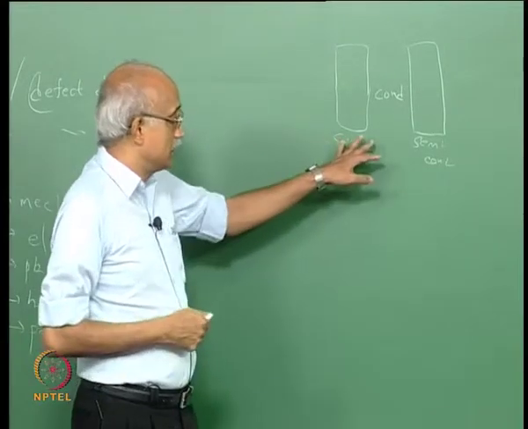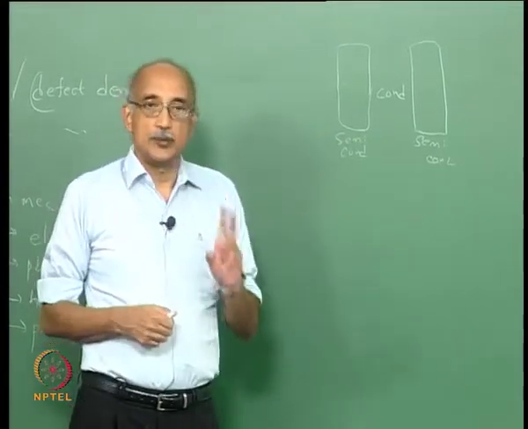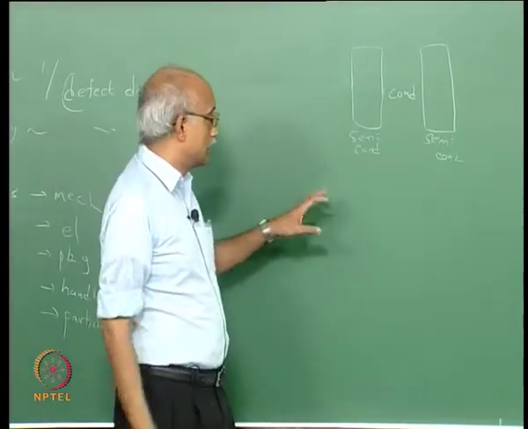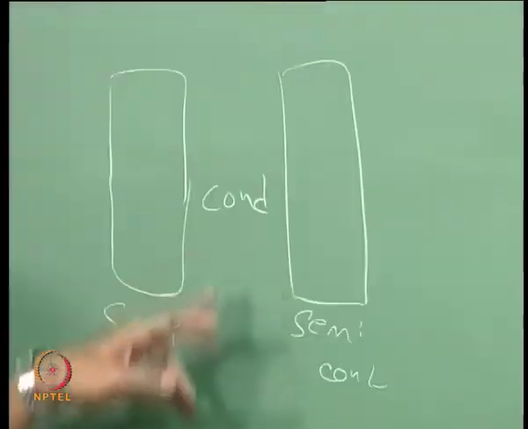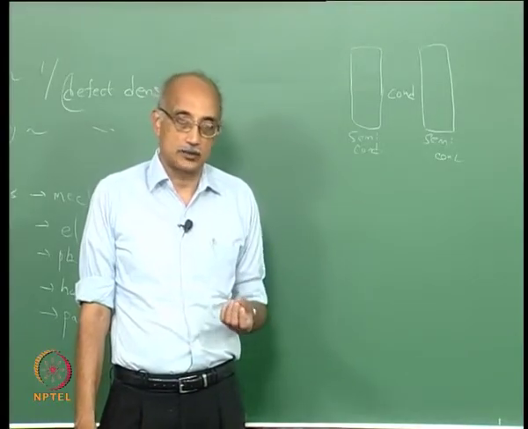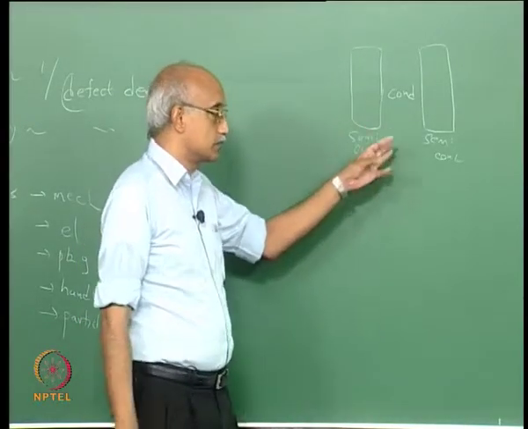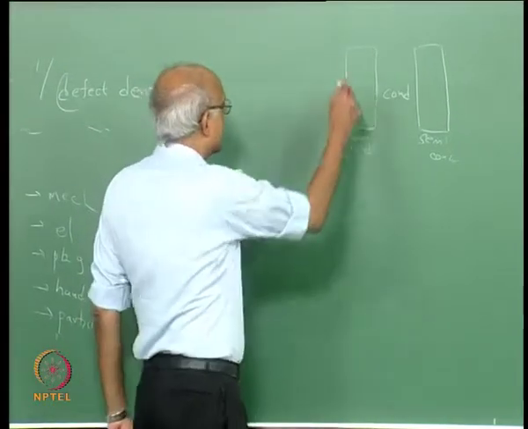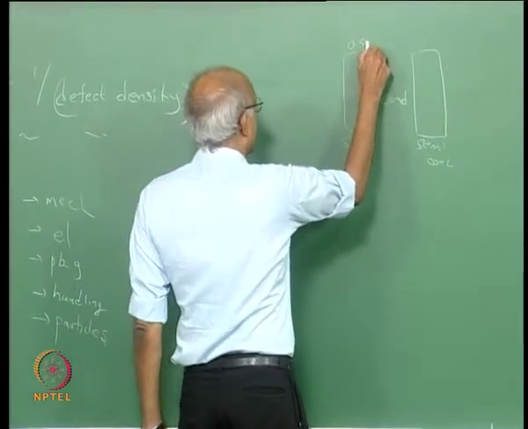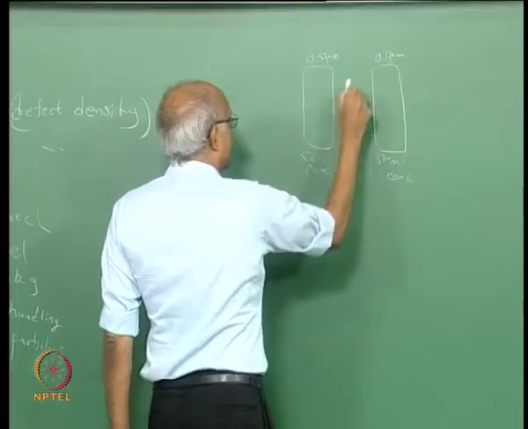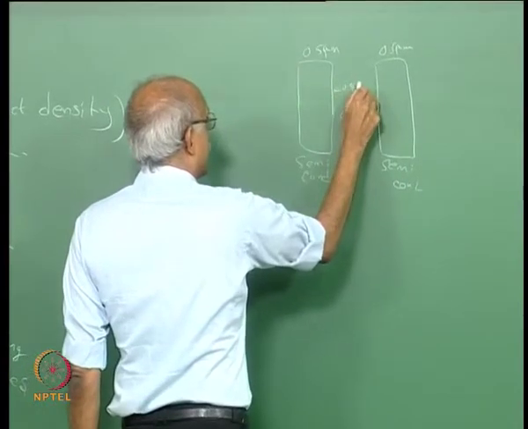You want the circuit integrity to be maintained. You want to make sure that over the life of the product, conduction only happens through the conductive pathways and not in the insulating or semiconducting pathways. That's what will happen in this case. Now let's suppose that this is 0.5 microns wide, this is 0.5 microns wide, and the gap here is also 0.5 microns.